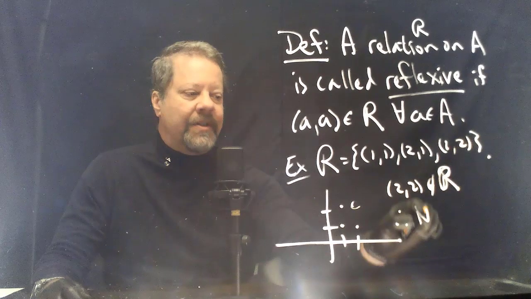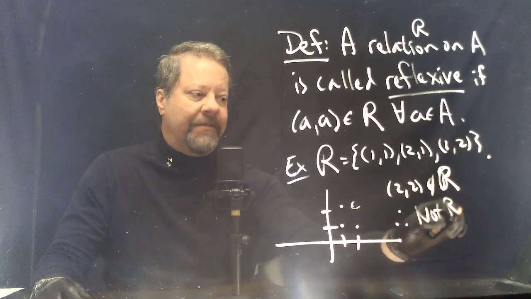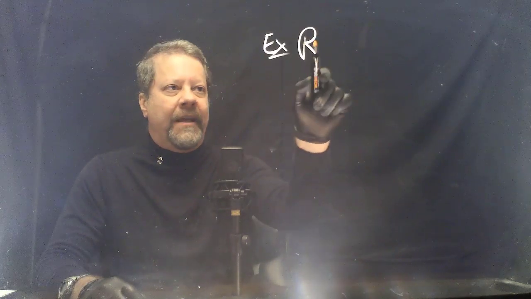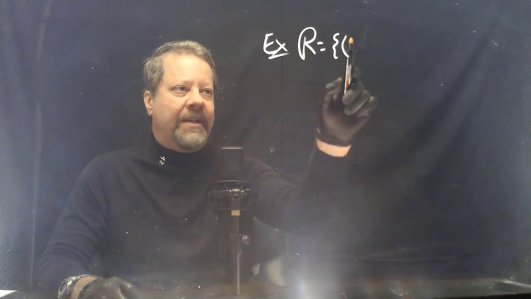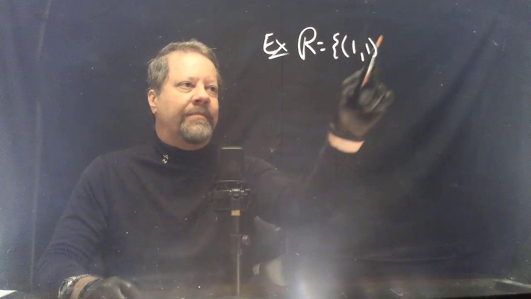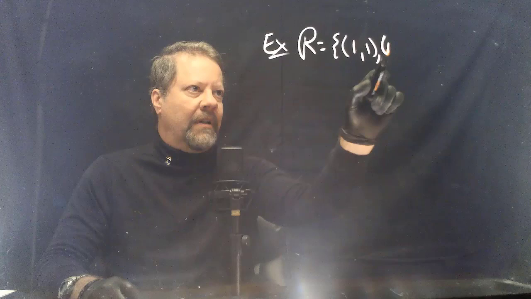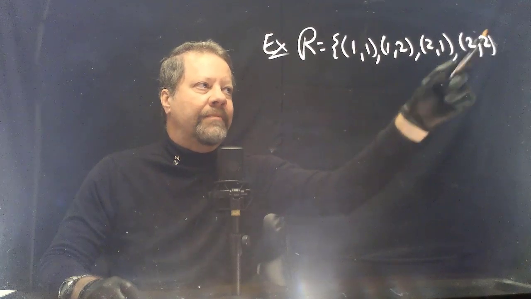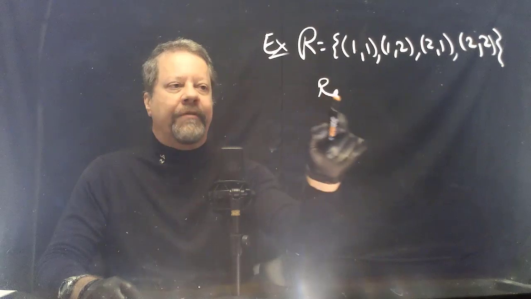Therefore, this is not reflexive. If we take that last relation, (1, 1), (1, 2), (2, 1), and throw in (2, 2), this is now reflexive.